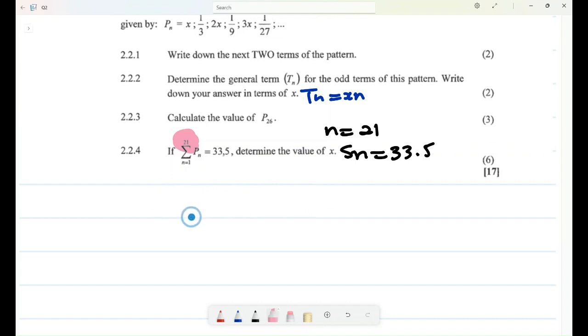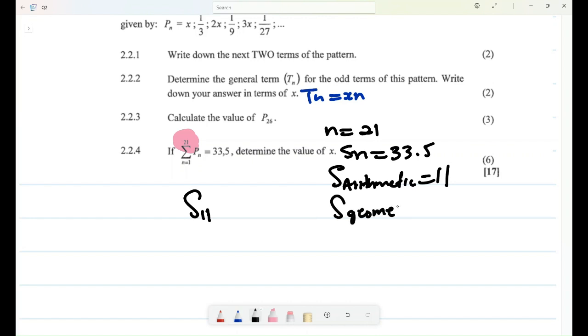It will have 11 terms, whereas the geometric will have 10 terms. Why? Because it is the sum of 21 terms. So we agree that 21 is odd, right?